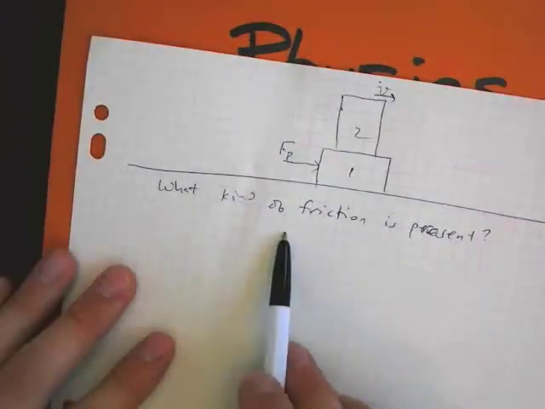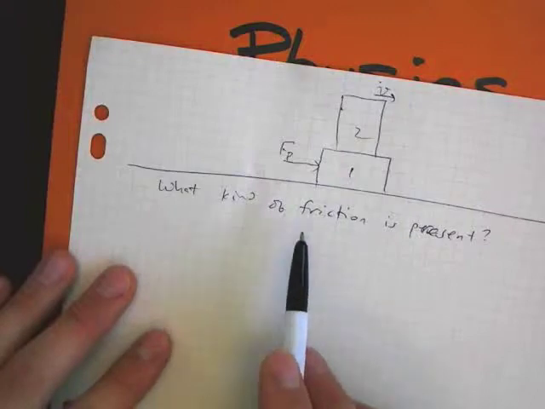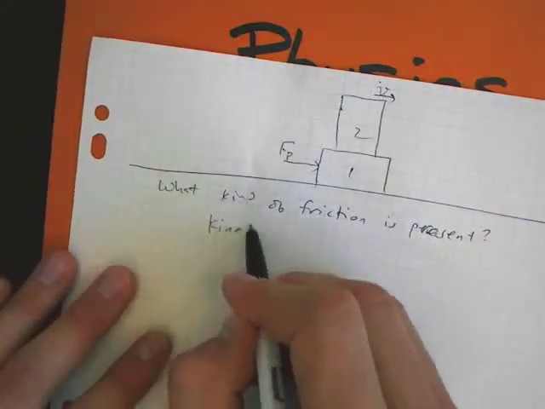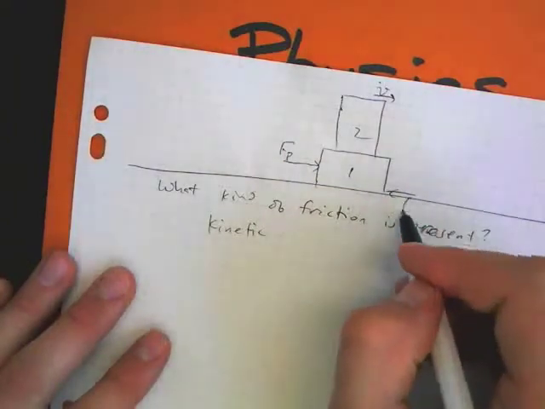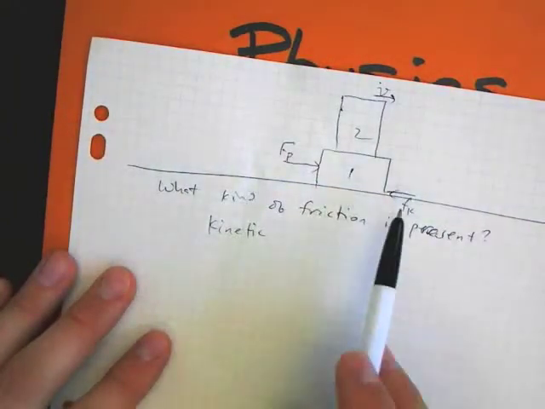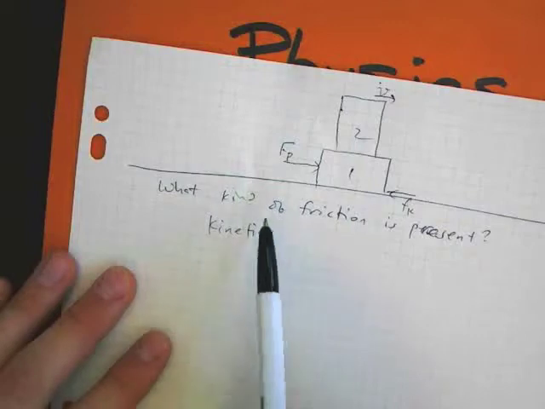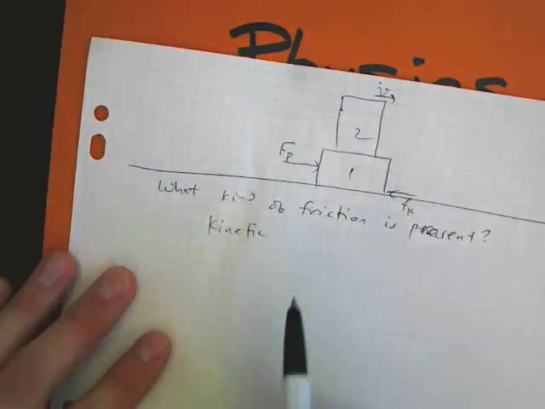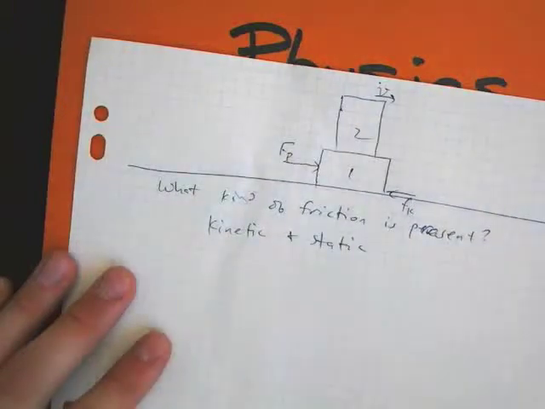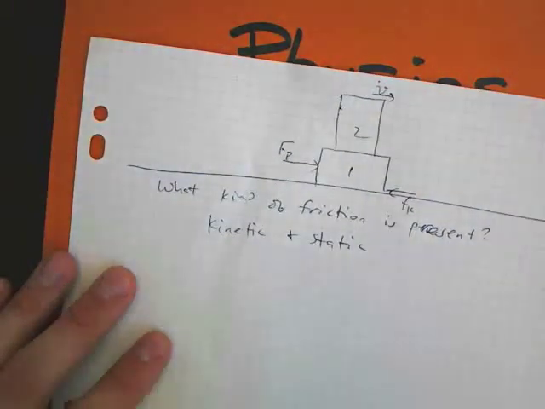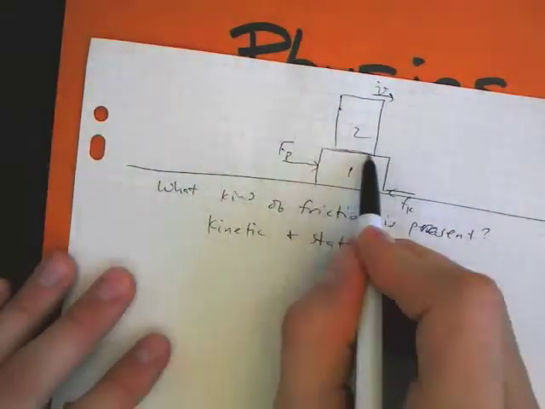And, well, the answer is partially obvious. There's kinetic friction present because the objects are moving. And so there's that kinetic friction that will oppose the pushing force. But there is also static friction present. And that static friction is present between blocks 1 and 2.